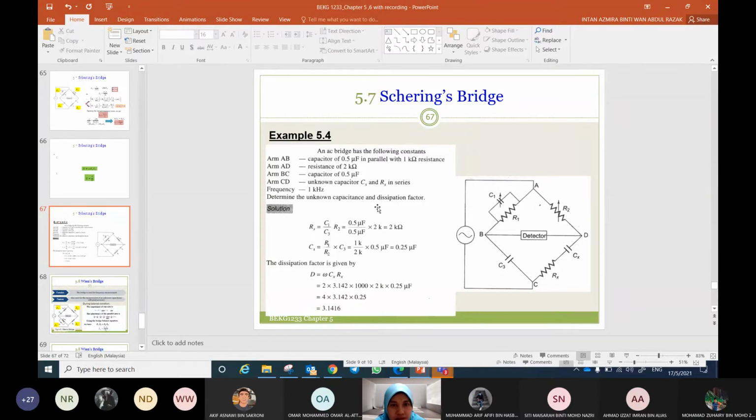Determine the unknown capacitance and dissipation factor. The unknown capacitance is Cx. So this solution just uses the final formula derived from the circuit that we have learned previously.